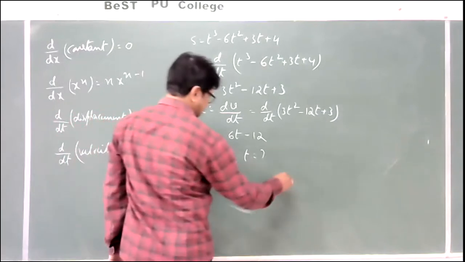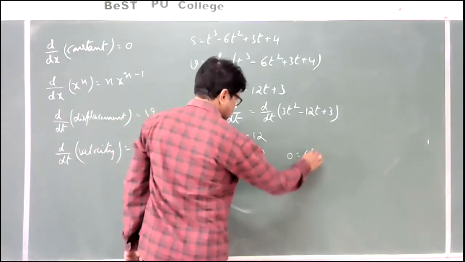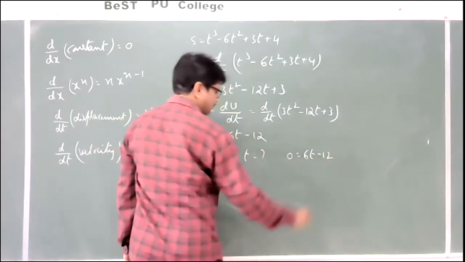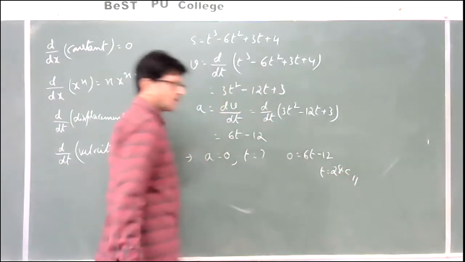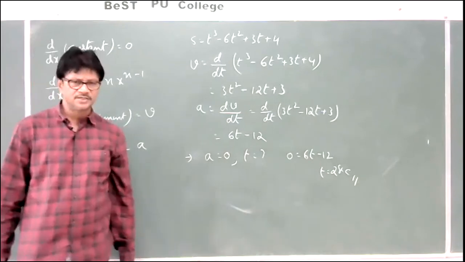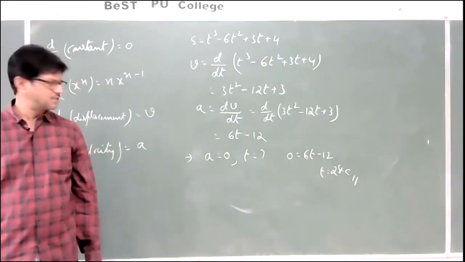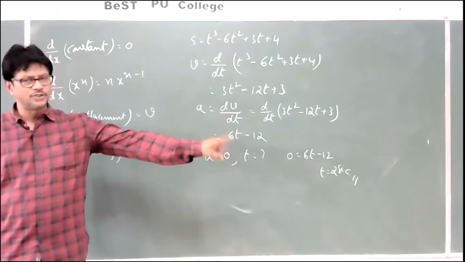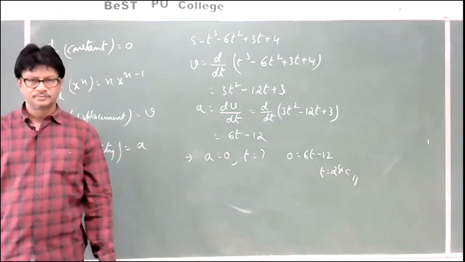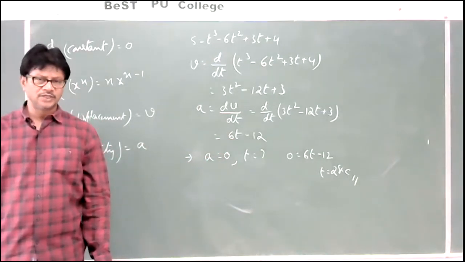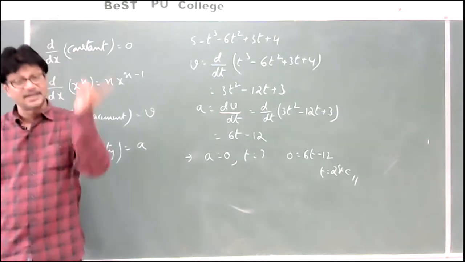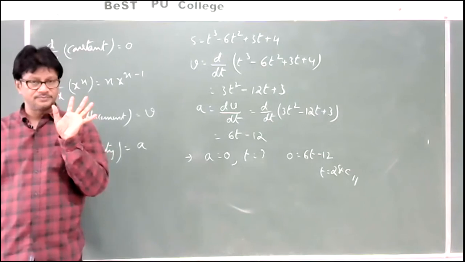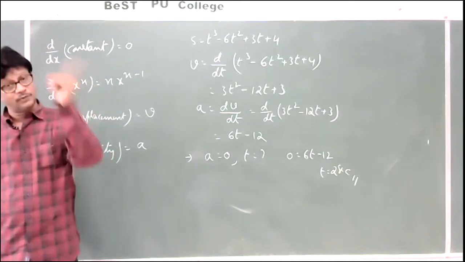So if I do like this, 0 is equal to 6t minus 12, from here t is equal to 2 seconds. So after 2 seconds, the acceleration will be 0. At that time, what will be the velocity?